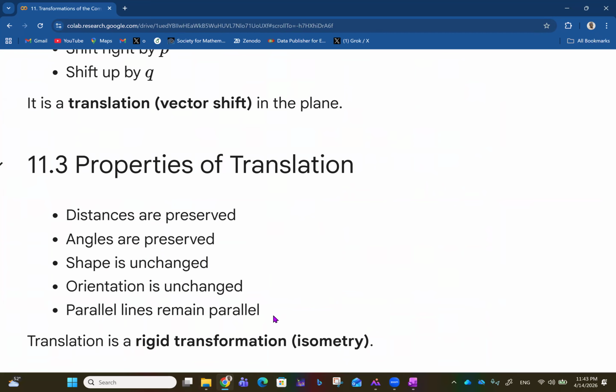So if you shift a particular plane shape by the same factors, everything remains in the same orientation: distances preserved, angles preserved, shape unchanged, and parallel lines remain parallel. Like if you are shifting a cube or a keyboard or something. So translation is a rigid transformation, and in that case you can talk about isometry.